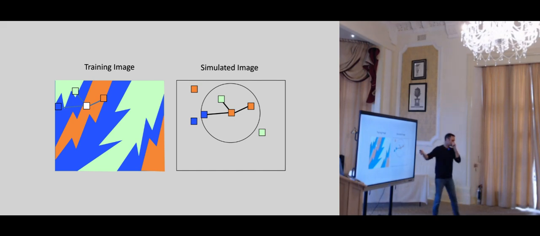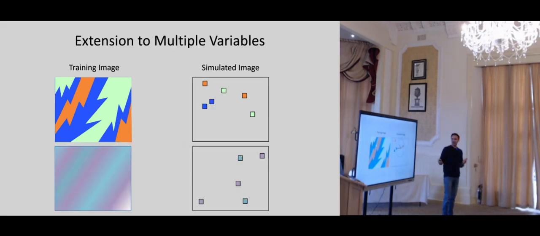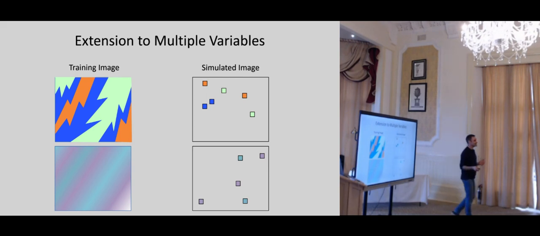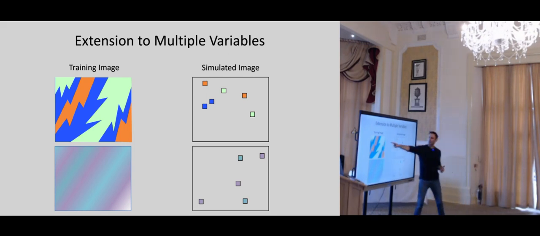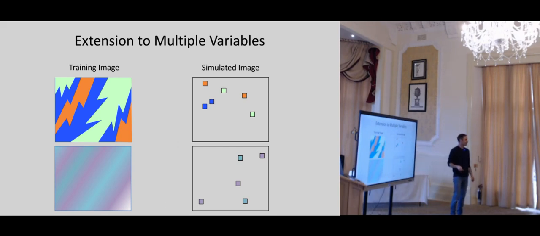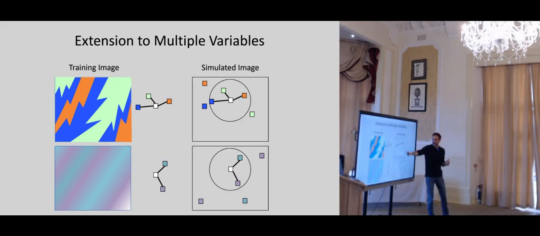Okay, so this was for an image given by one variable, but we can extend that very easily to two variables. Now we have one variable here, and a second variable, and it's still an interpolation problem: I want to interpolate these pixels in these two variables. So it's exactly the same thing, but we are in 2D now. We randomly choose a pixel here to reconstruct.